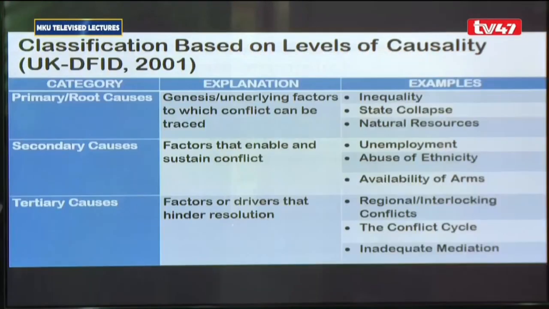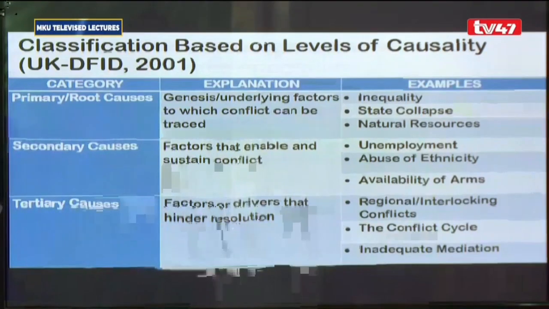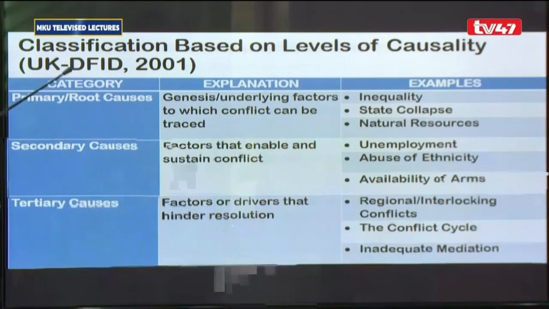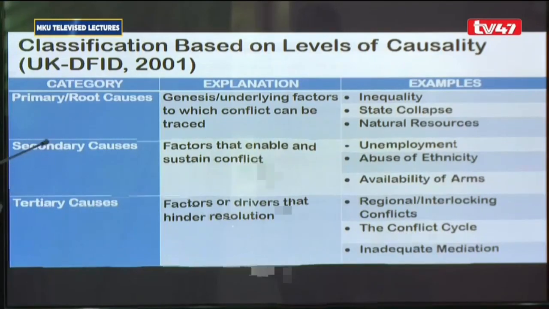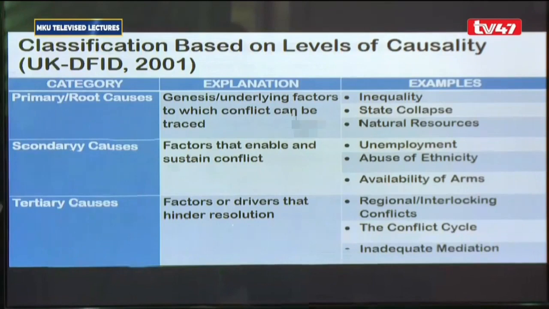This table summarizes DFID's classification of conflicts. We have primary causes of conflicts, secondary causes of conflicts, and tertiary causes of conflicts. In the middle column, we have an explanation for those conflicts.